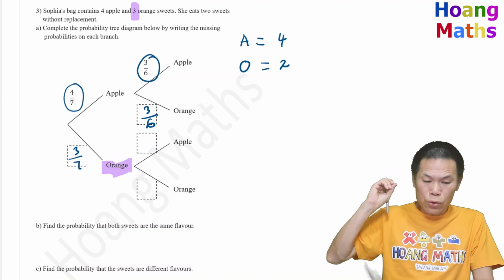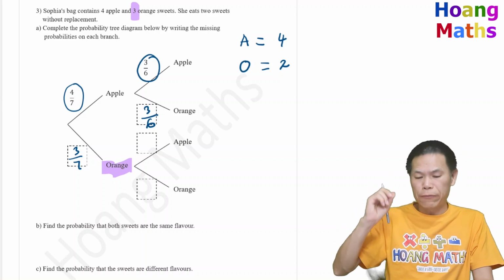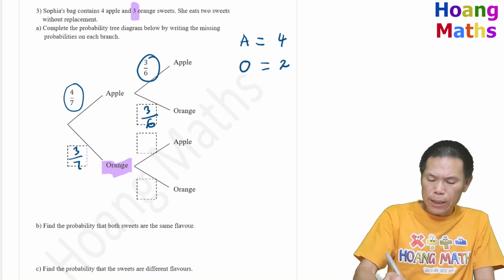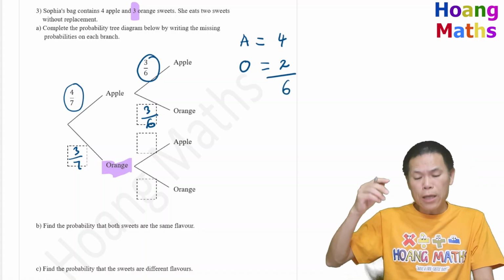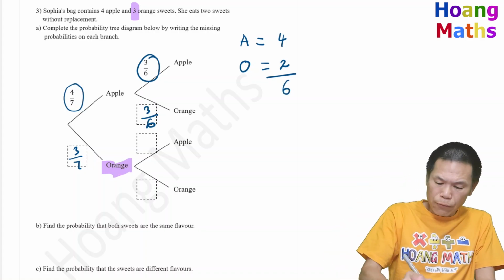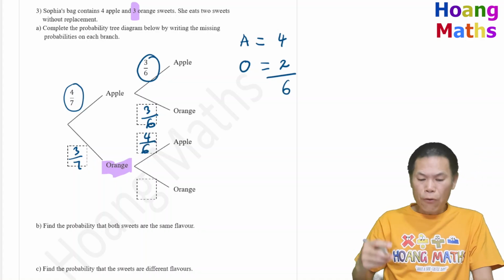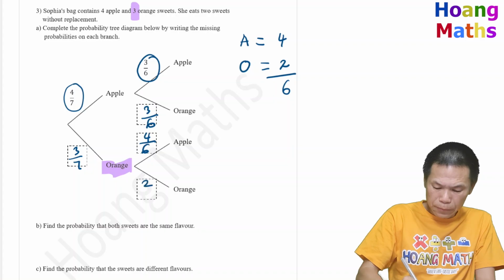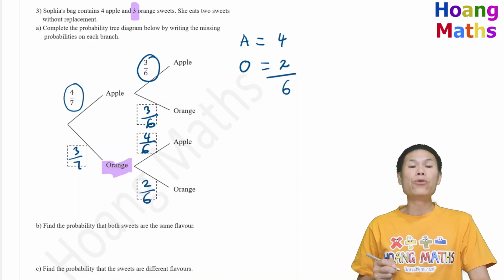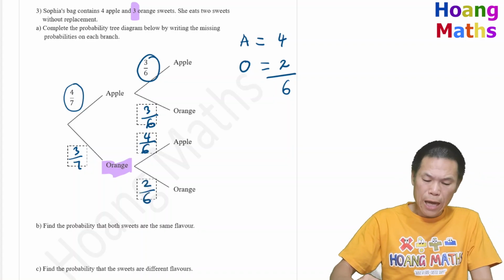So therefore 3 orange sweets become 2 left. And then the apple stays the same. So that becomes 6. So the probability of an apple is 4 out of 6. And for an orange it becomes 2 out of 6. So there you go. This is the tree diagram.